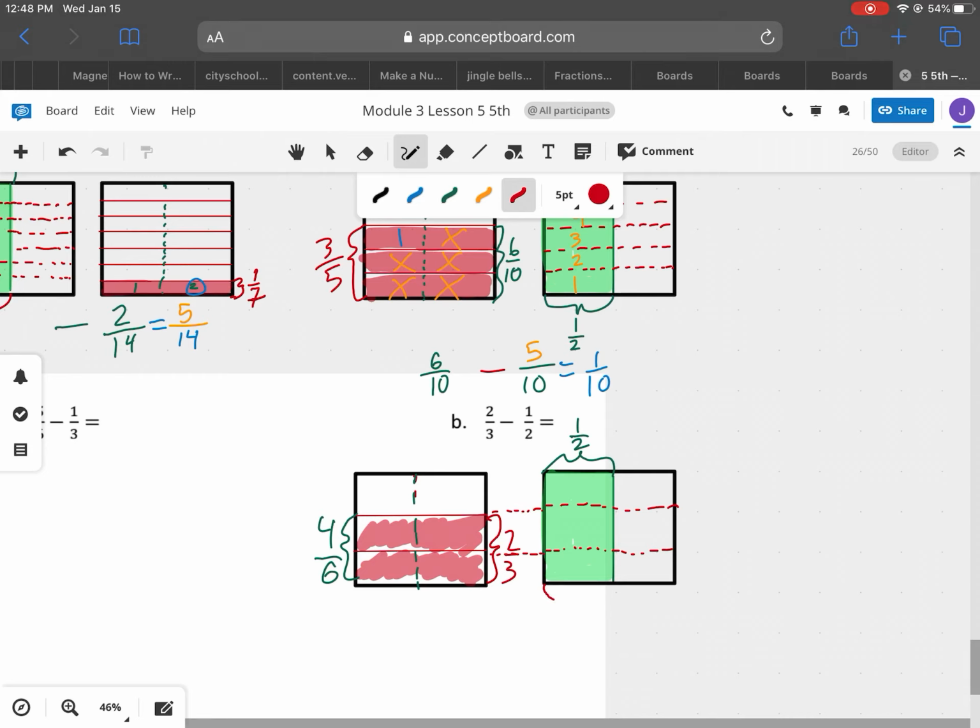All right, so now we have 3 sections out of 6 that are shaded in. And we have 1, 2, 3 sections now shaded in. So I'm going to cross out 3 sections here. So I have 4/6 minus 3/6 equals 1/6.